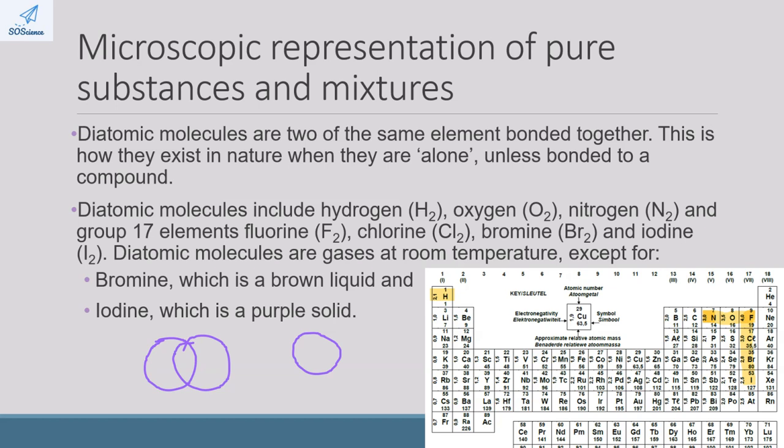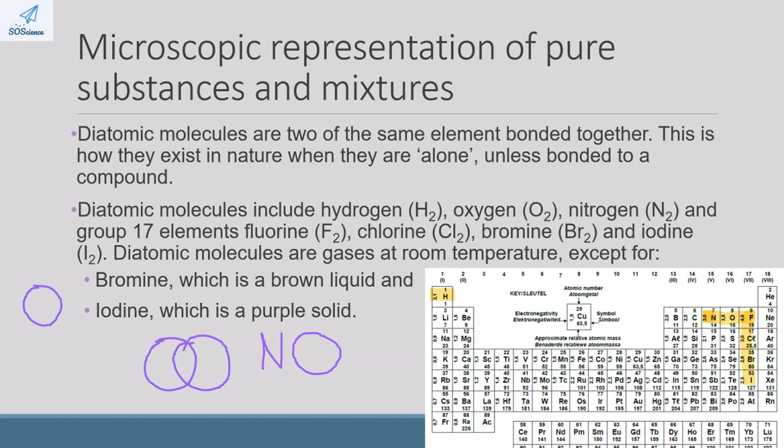Now, an oxygen atom can bond to, say, a nitrogen to form nitrogen monoxide. So that's not to say that oxygen cannot exist as a single oxygen atom within a compound, but oxygen cannot exist as a single oxygen atom just floating around.